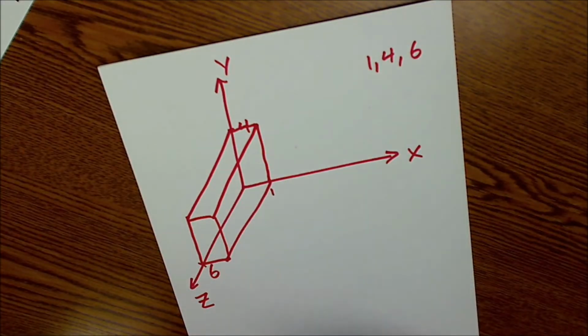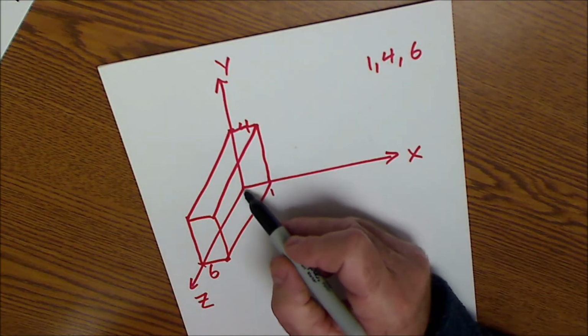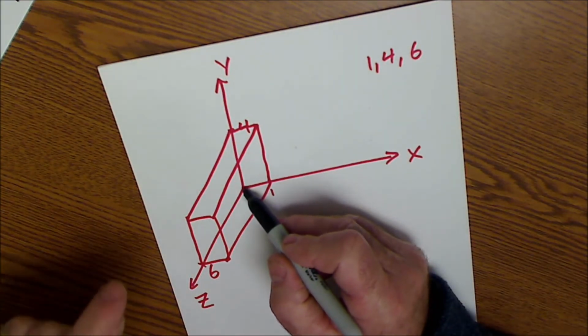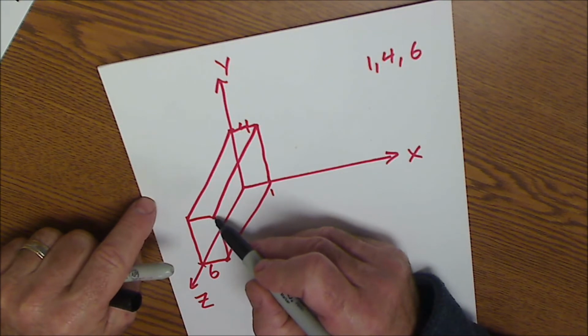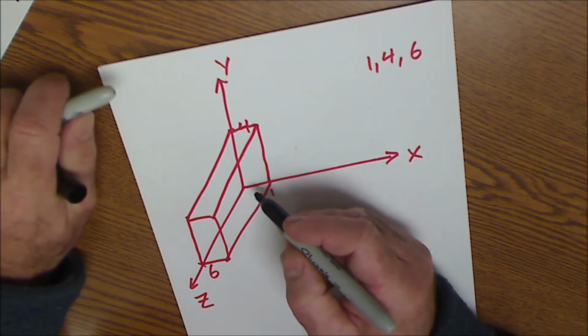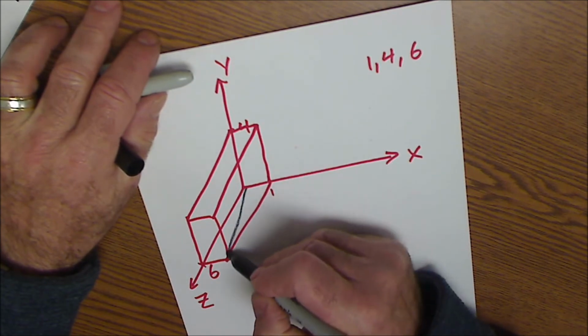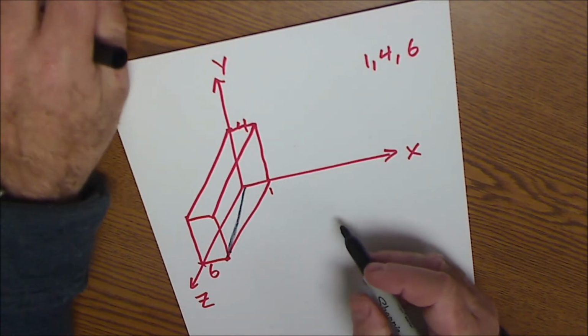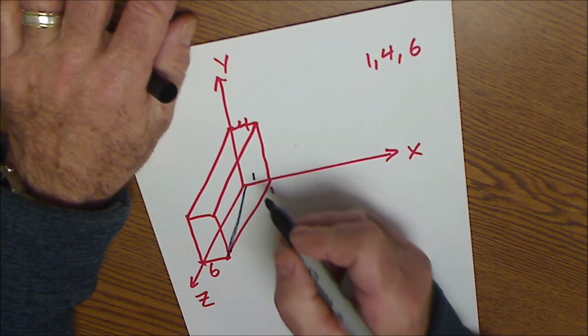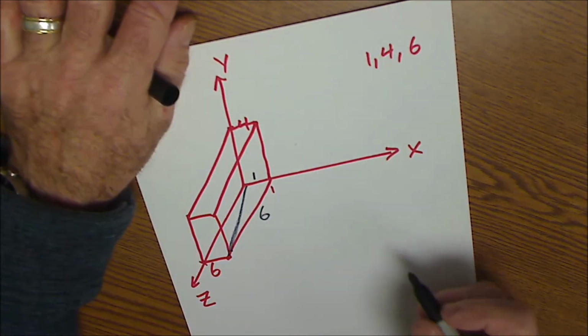So if I want to find the length of the diagonal from the back lower left corner to the front upper right corner, that line right there, the first thing I'm going to do is find the length of the diagonal here. Well, the length of that diagonal there, this side of the box is 1, this side of the box is 6.